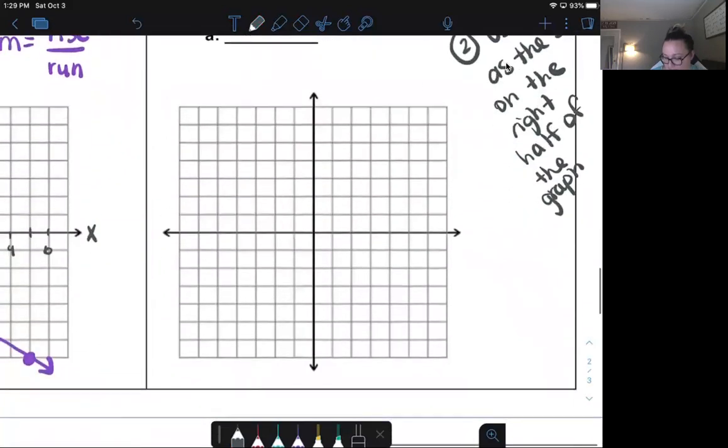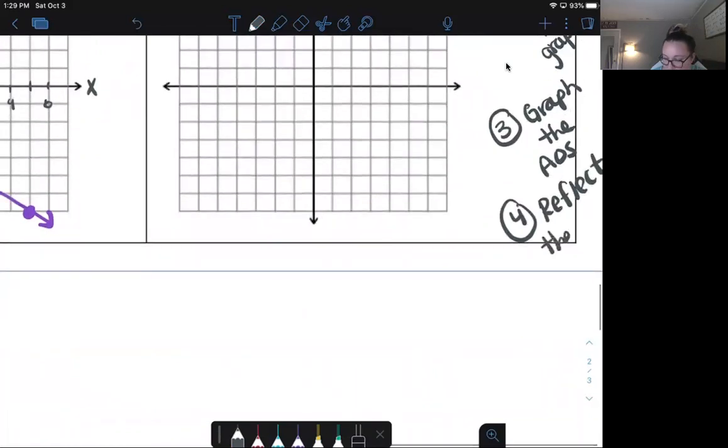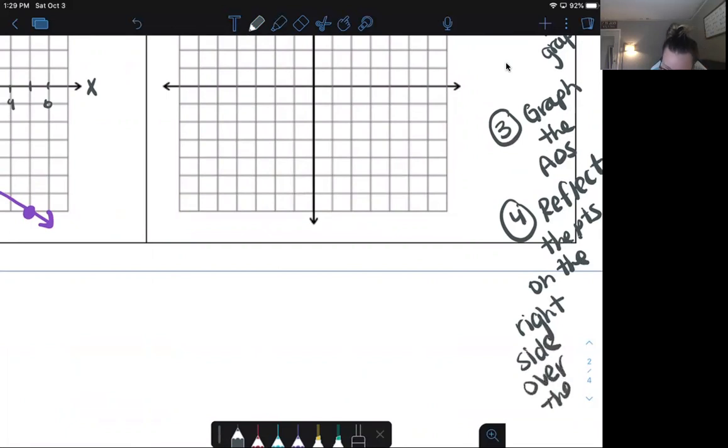The third step, reflect, or just kidding, you want to graph the axis of symmetry. And then reflect the points on the right side over the axis of symmetry, the AOS. All right, give it a shot.